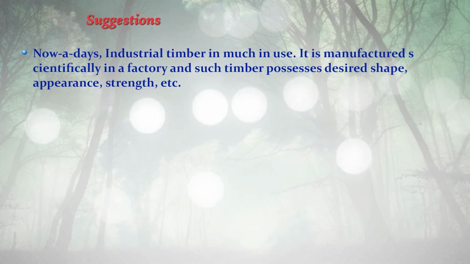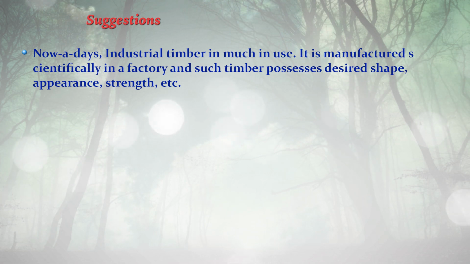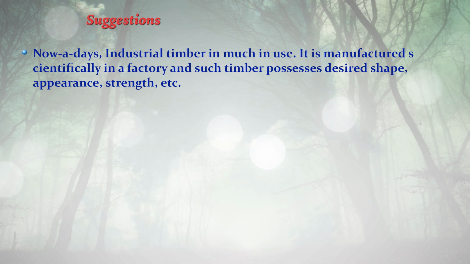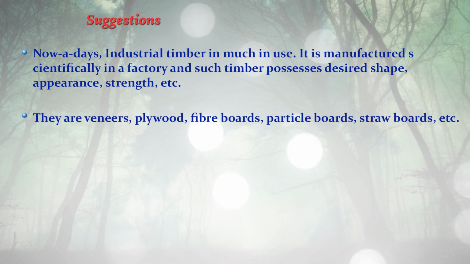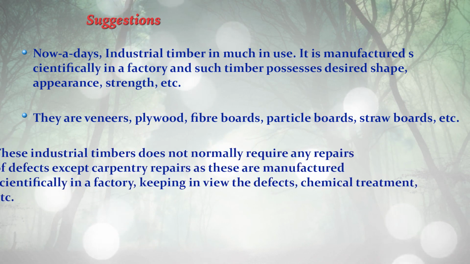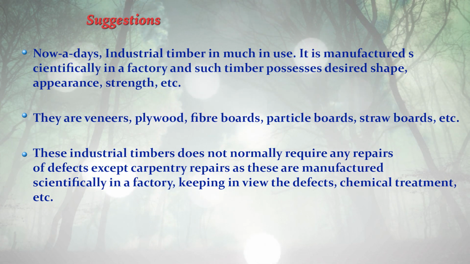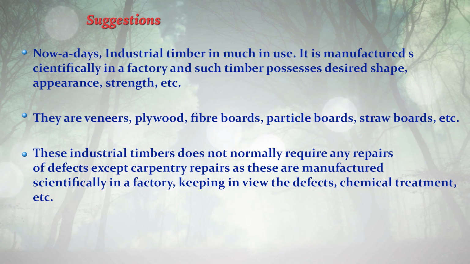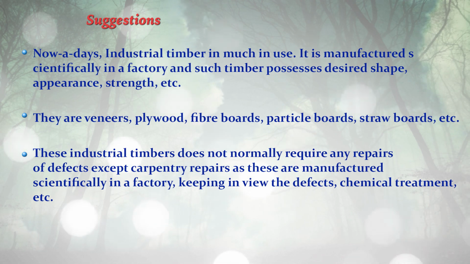It is manufactured scientifically in a factory, and such timber possesses desired shape, appearance, strength, etc. These are veneers, plywood, fiber boards, particle boards, straw boards, etc. These industrial timbers do not normally require any repairs of defects except carpentry repairs, as these are manufactured scientifically in a factory, keeping in view the defects, chemical treatments, etc.